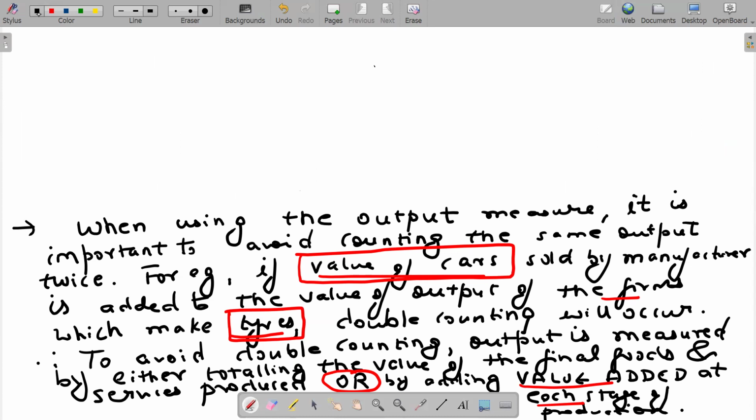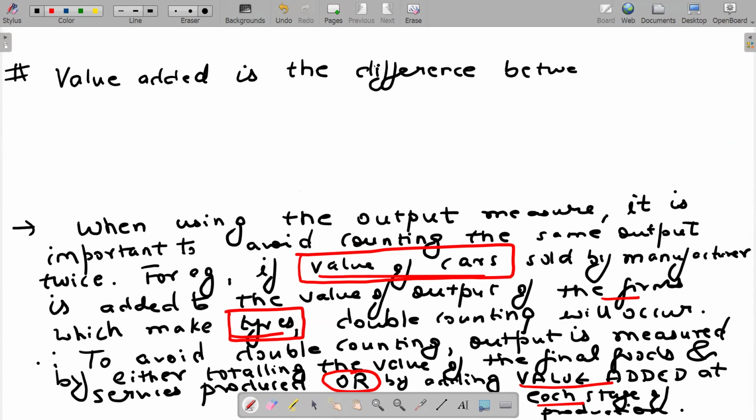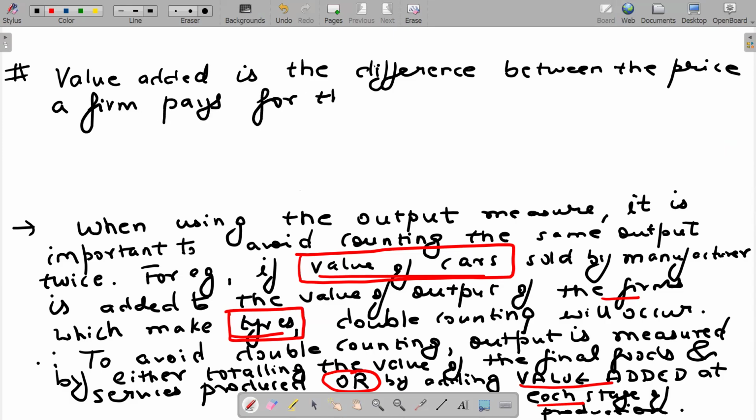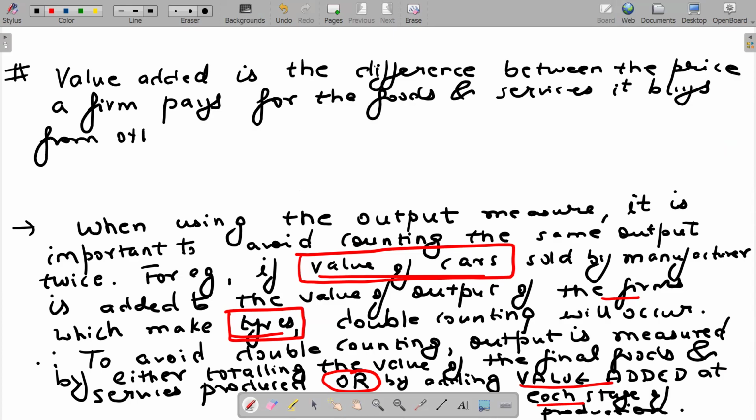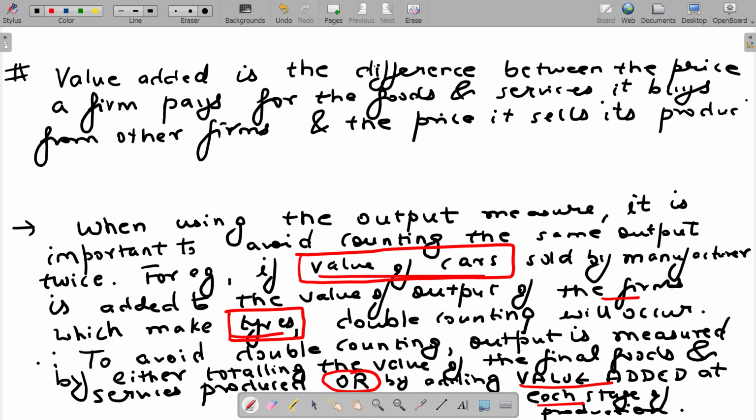So I can write that value added is the difference between the price a firm pays for the goods and services it buys from other firms and the price at which it sells its product.